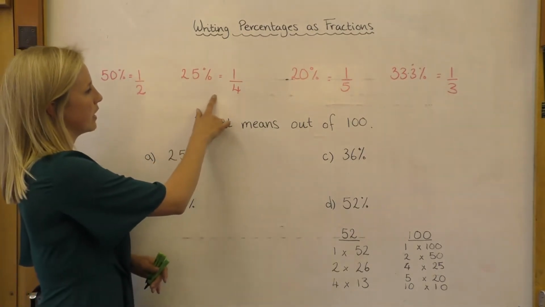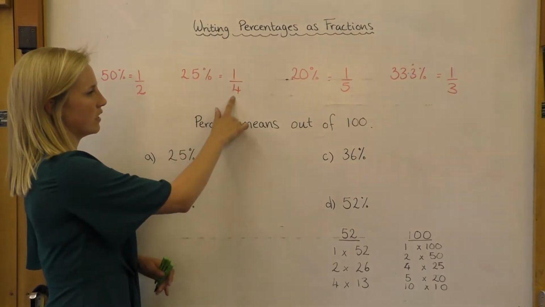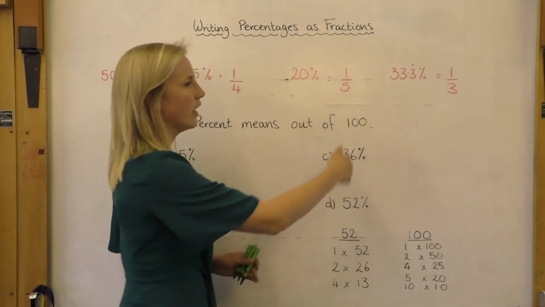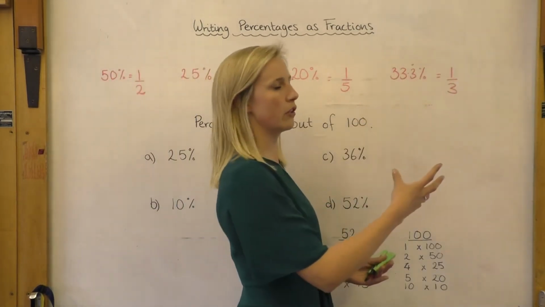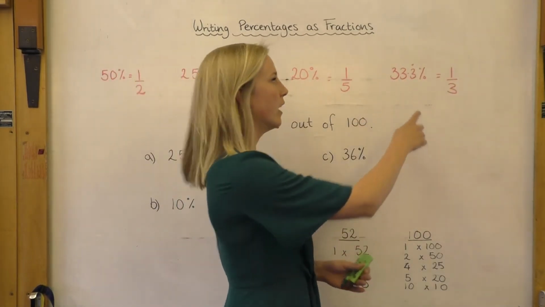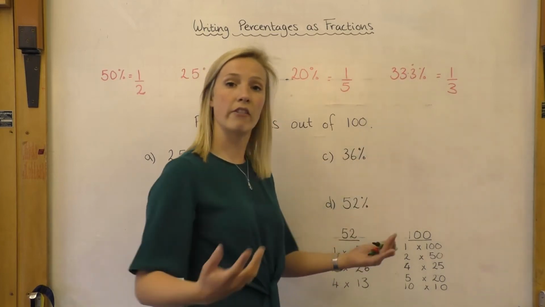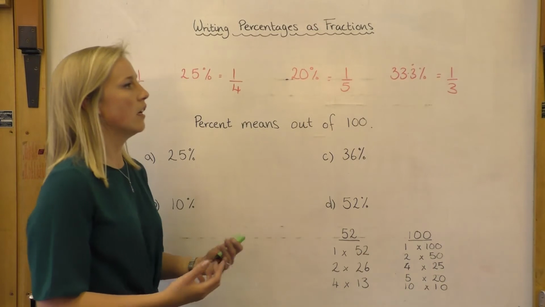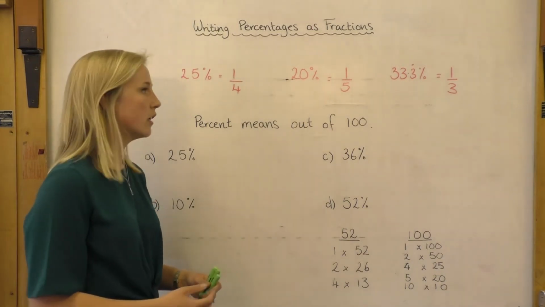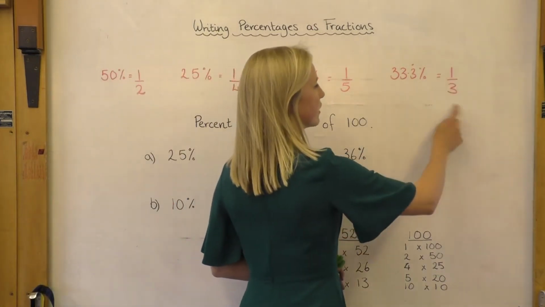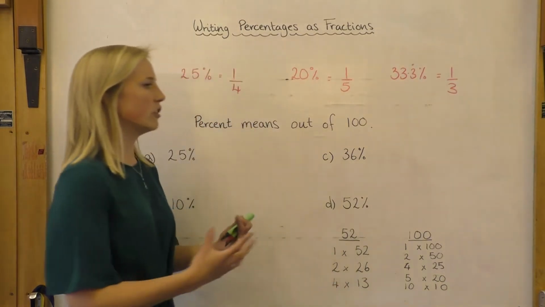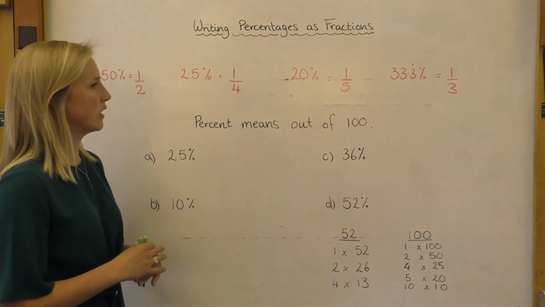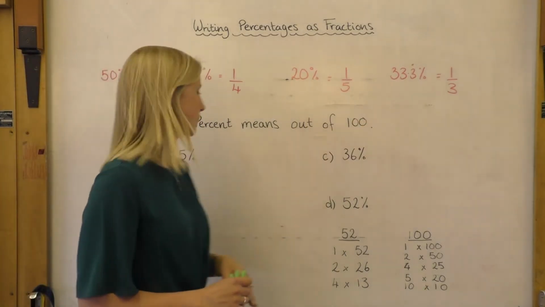Another important percentage is 25%, which is a quarter, 20%, which is a fifth, and this one, which we might not be sure about, 33.3 recurring, and this little dot means it goes on forever and ever, or recurring. 33.33% is equal to a third. Now this one's really important for us to remember because it's actually really hard for us to try and calculate or figure that out without just being able to state it.